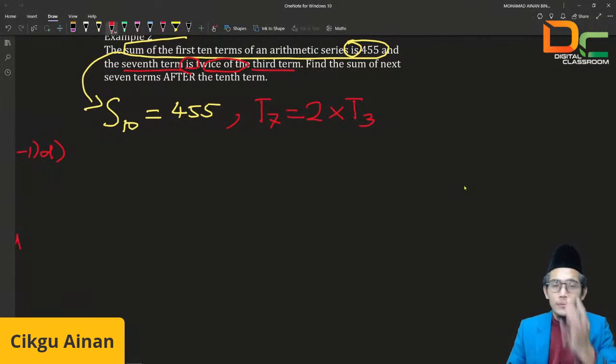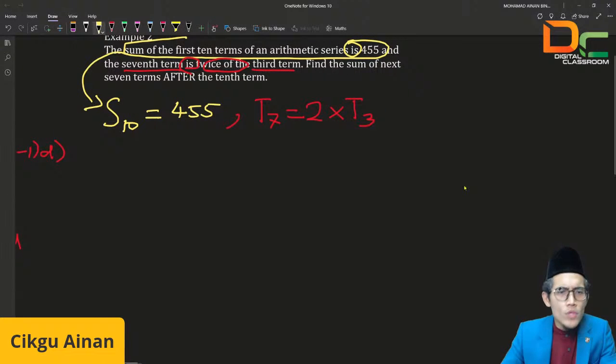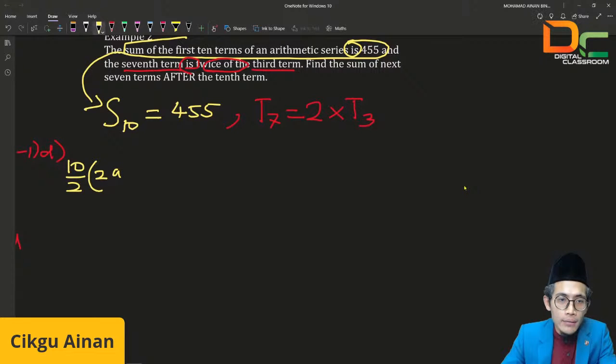into math equations. Okay, so over here is the sum of the first 10 terms. The formula is n divided by 2 multiplied by double the first term a, plus n minus 1 multiplied by the common difference. We get 455.